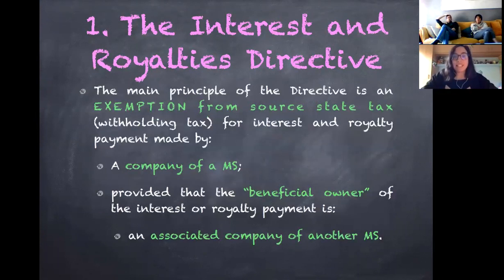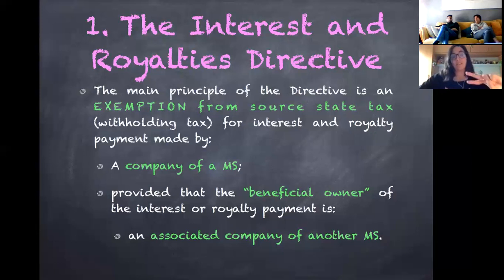The main principle of this Interest and Royalties Directive is an exemption from source state tax. In general, a withholding tax applied by the source state for interest and royalty payments made by a company of a member state is exempted, provided that the beneficial owner of the interest or royalty payment is an associated company of another member state.